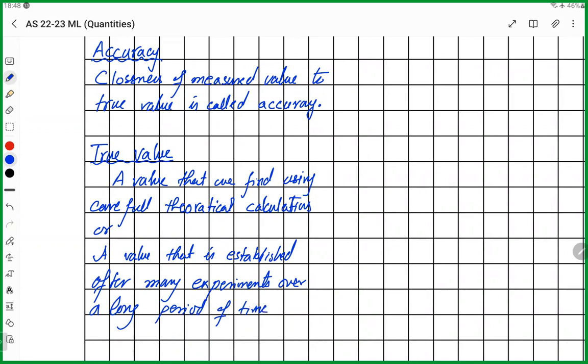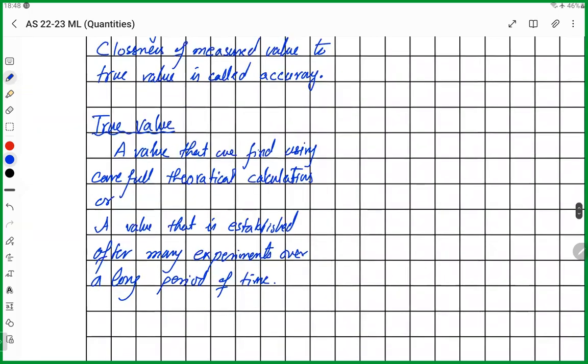Try to understand these two kinds of true values.